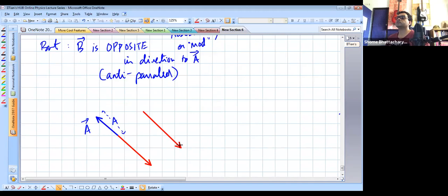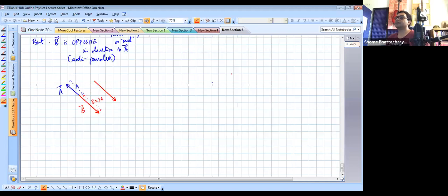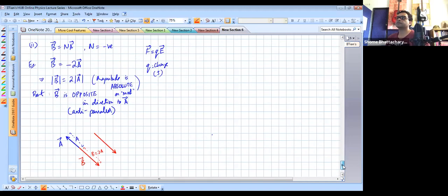It doesn't matter, it's one and the same thing. But the important thing is, whichever option I take of drawing, B is at 180 degrees, it's opposite in direction, and this length of B is 2 times the length of A. So this diagram now represents the information that the earlier equation was giving us, that we are multiplying a vector with a scalar quantity, but that scalar quantity happens to be a negative quantity.